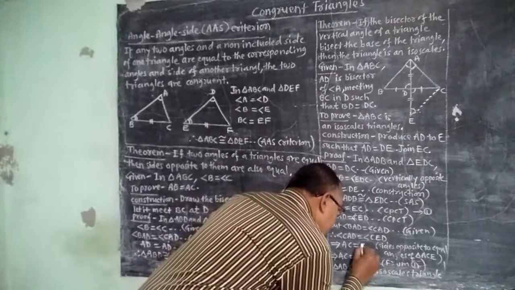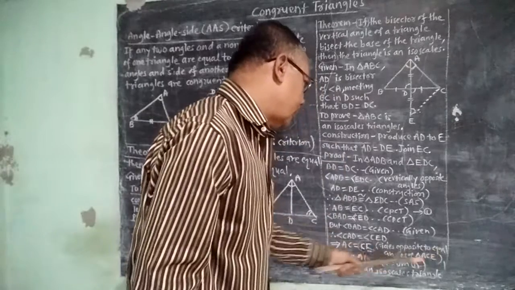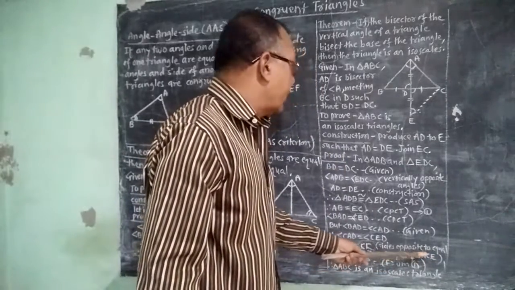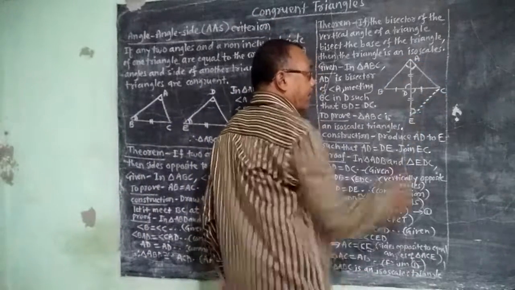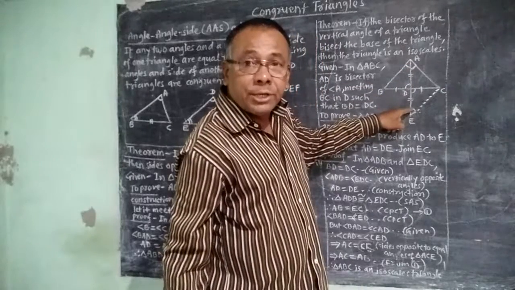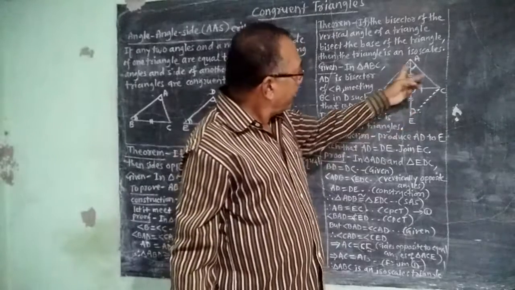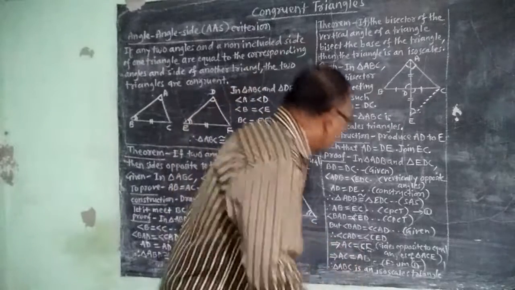AC is equal to CE means sides opposite to equal angles of triangle ACE. If we consider the triangle ACE, here the two angles are equal, and we know that if two angles are equal, then the sides opposite to equal angles are equal. So AC is equal to CE.